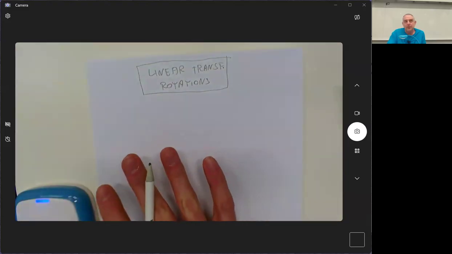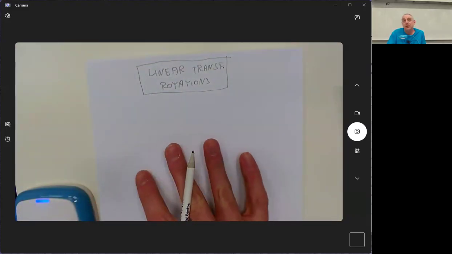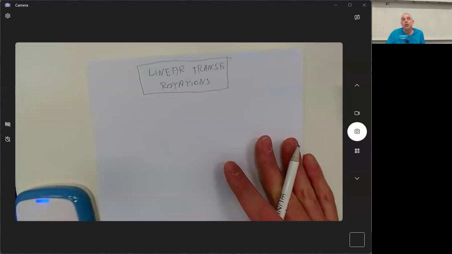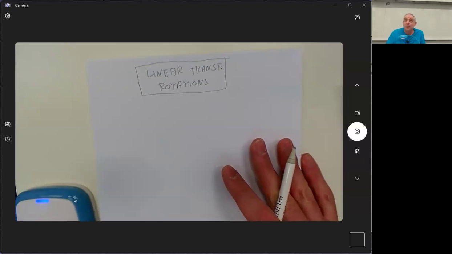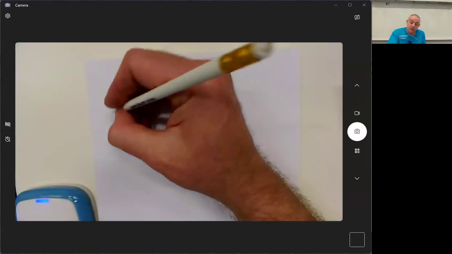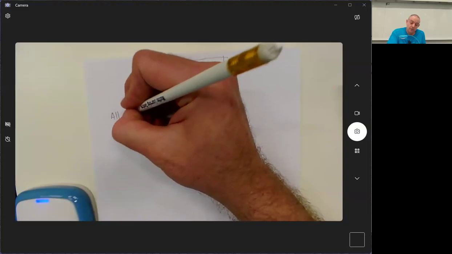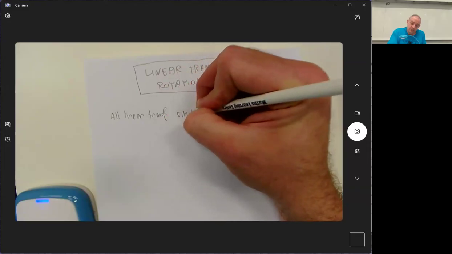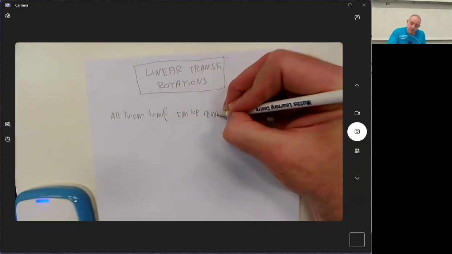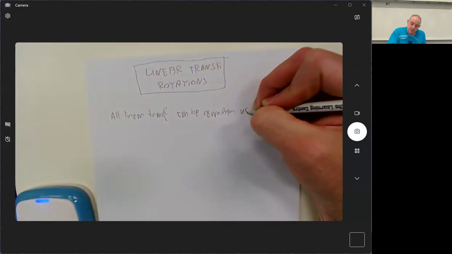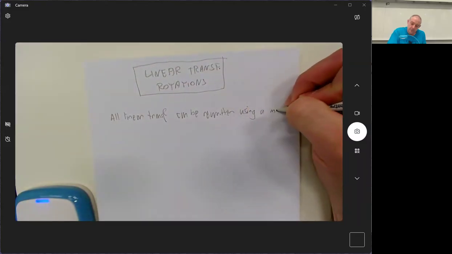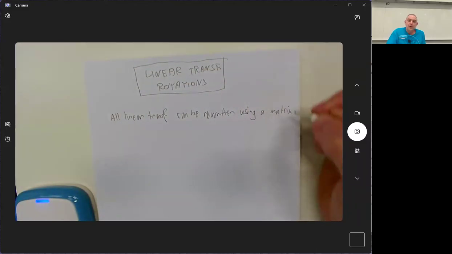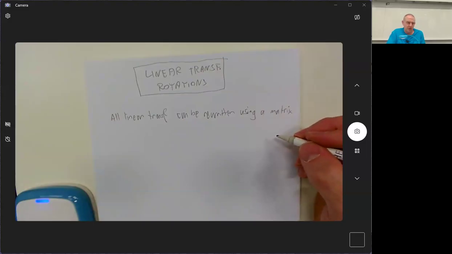So, all linear transformations can be rewritten using a matrix. They don't all start out as having a matrix, but you can rewrite them as a matrix. And the name for that matrix is the standard matrix.